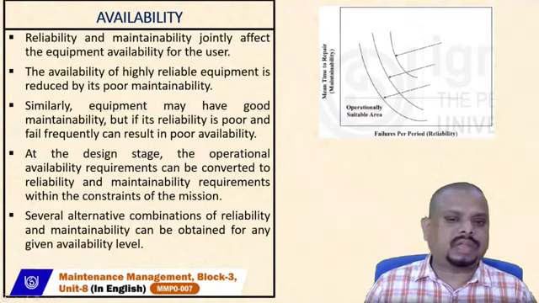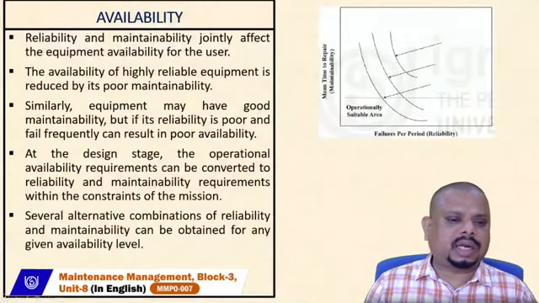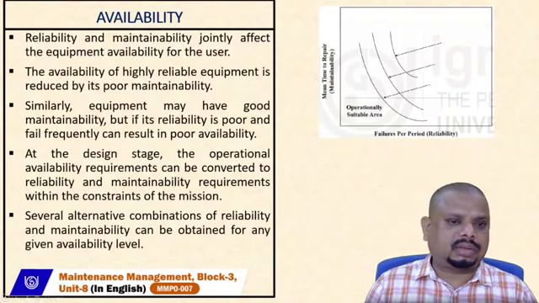You are also using various kinds of complex gearboxes, components, and machines, and each equipment may have good maintainability. So by providing preventive maintenance, proactive maintenance, and corrective maintenance, you have to achieve a higher level of reliability. If the reliability is poor, the result is poor availability.